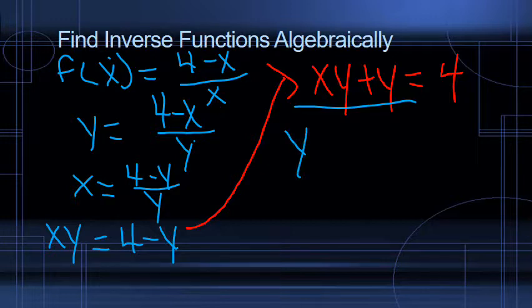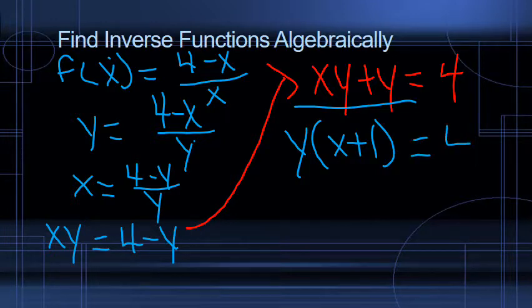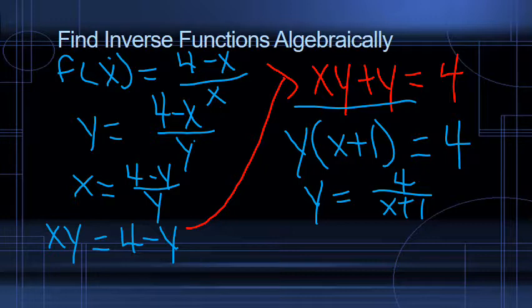I'm going to go y times parentheses x plus 1 equals 4. Now I can divide both sides of the equation by x plus 1. That will leave me with y equals 4 over x plus 1.